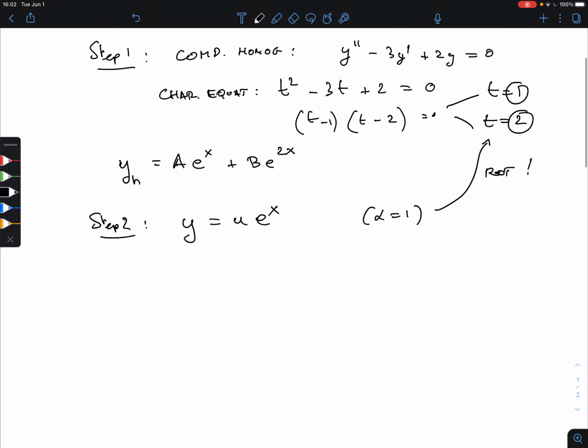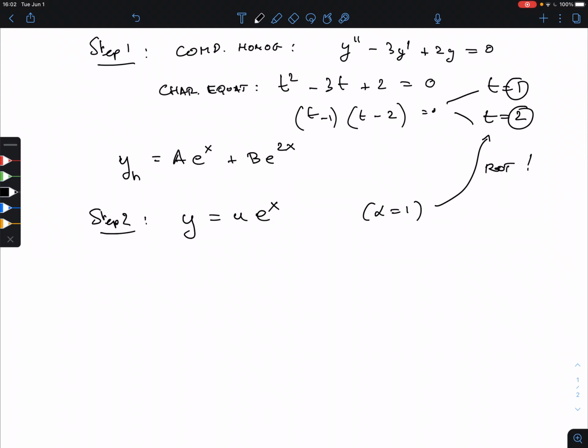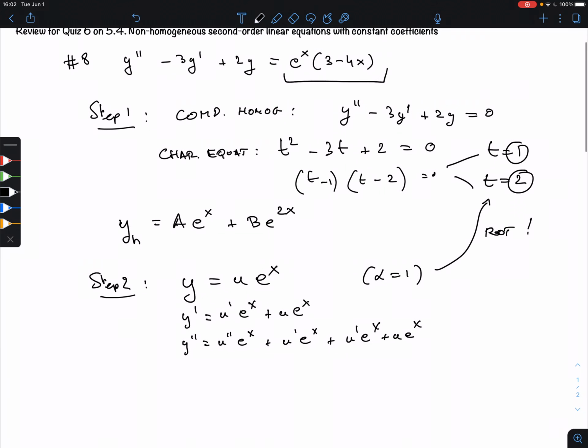Okay, so we have to calculate y prime: u prime e^x plus u, and the derivative of e^x is just e^x. So y double prime is u double prime e^x plus u prime e^x plus u prime e^x plus u e^x. If I plug everything into the original equation, I get u double prime e^x.